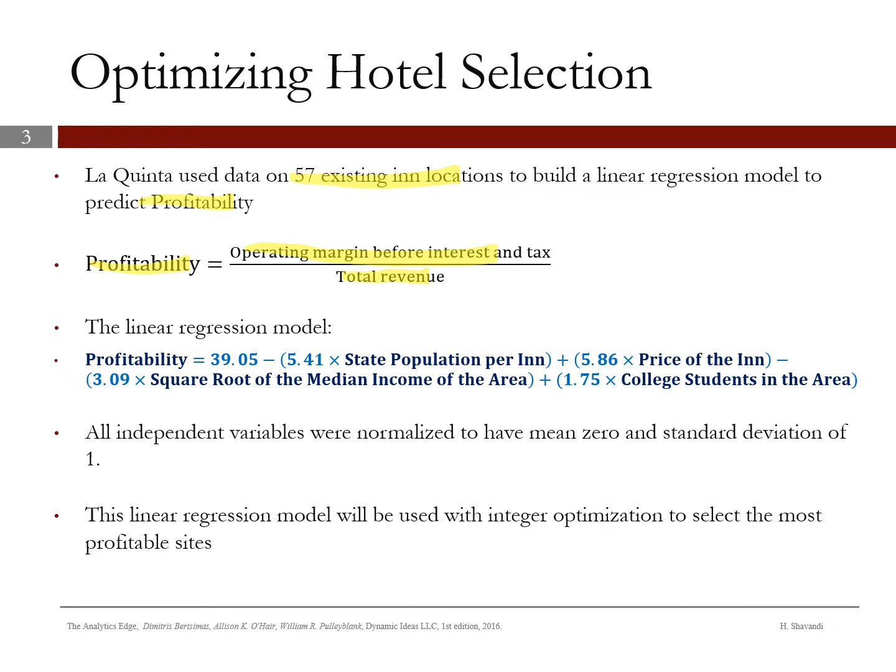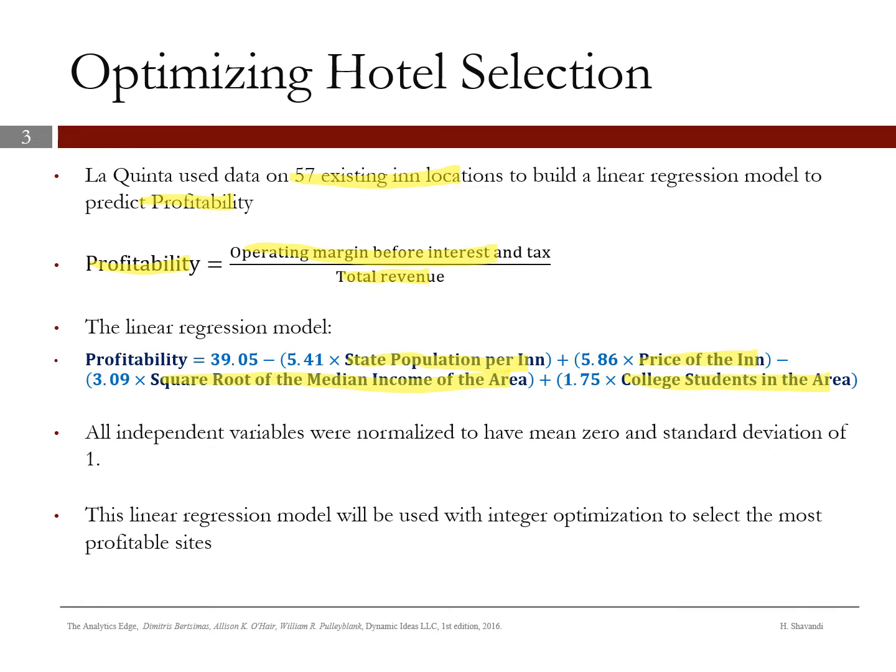As you see here, we have 4 independent variables: state population per inn, price of the inn, square root of the median income of the area, and college students in the area. One feature, the price of the inn, is a feature of the hotel, but the other 3 independent variables are about the location.